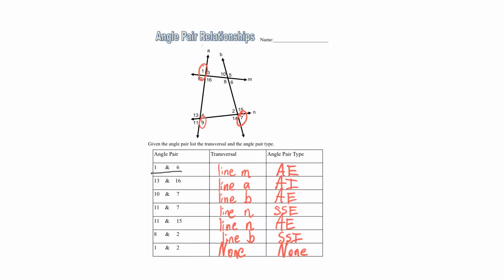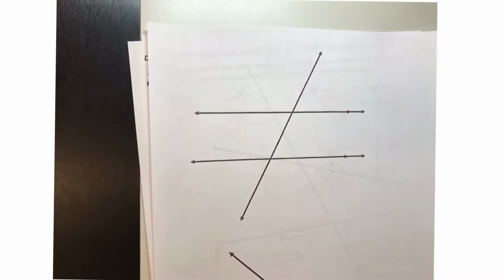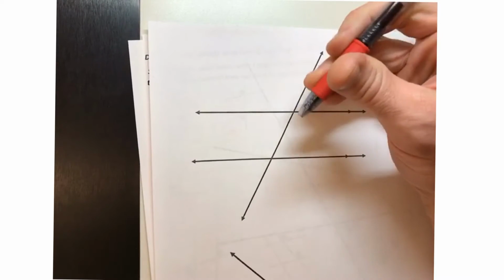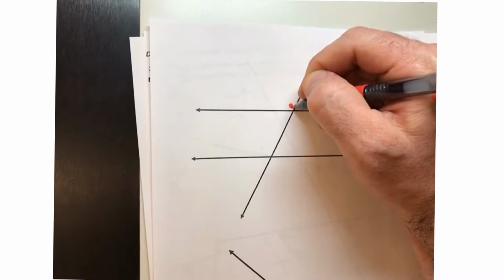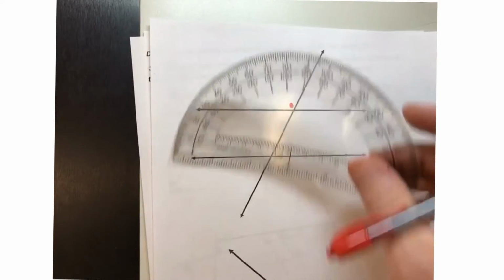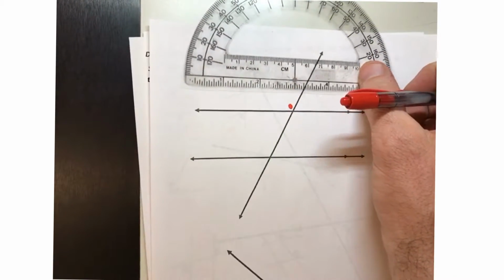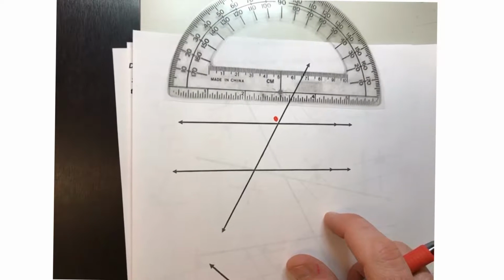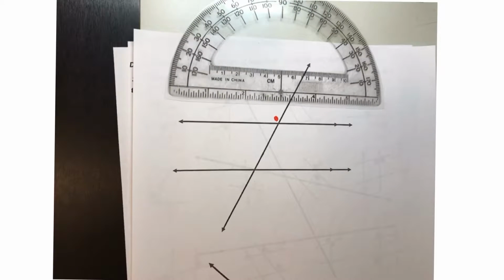Okay, next thing, before we go to the back, I want you to get out the other paper, and we're going to measure some of these and talk about some stuff about these angles. Use your protractor and measure this angle right here.